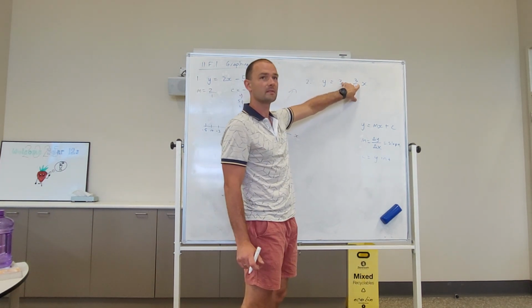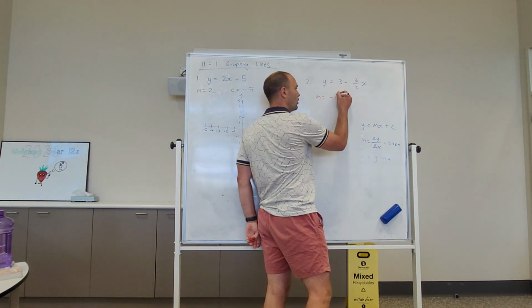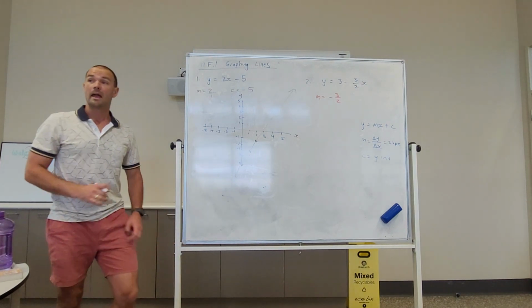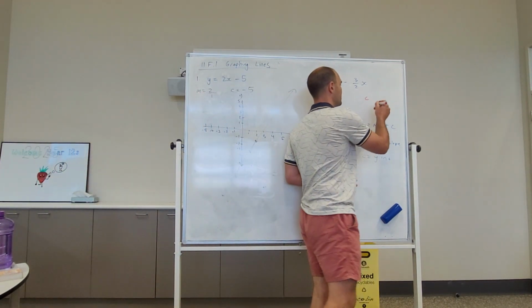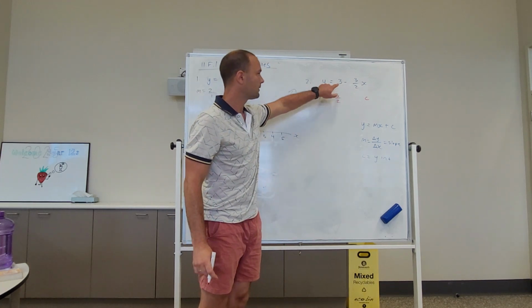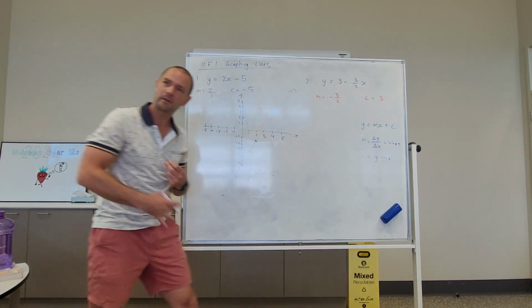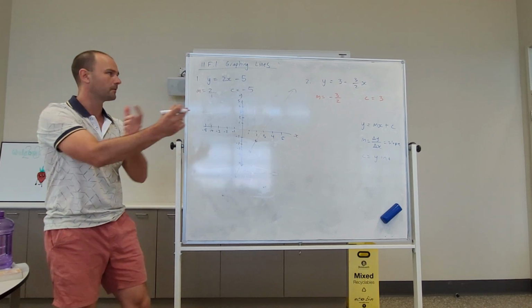Okay, so anytime there's a negative in front of the number, the negative belongs to it. So our slope is minus 3 on 2. And our y-intercept is just the number that's by itself, which is 3. So this has been written in a different way. The terms are placed in a different manner.